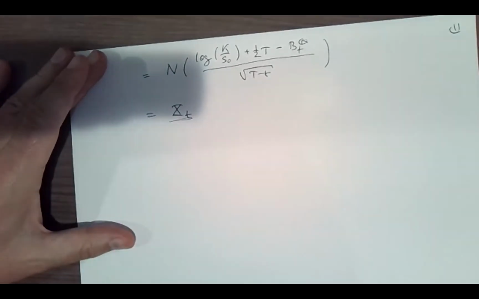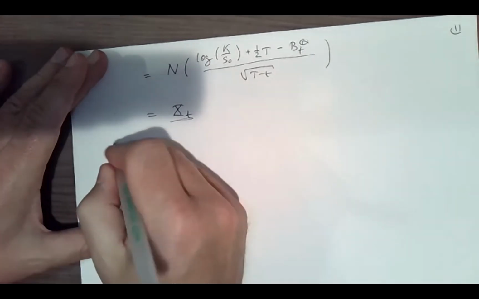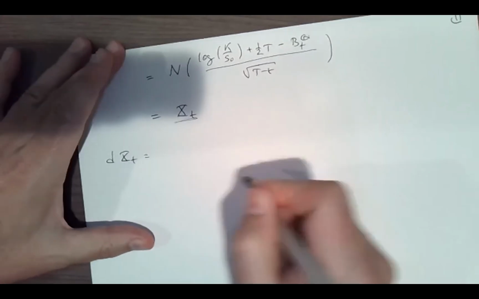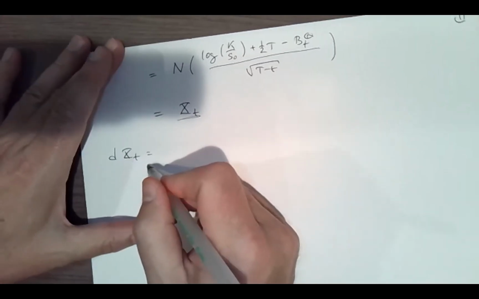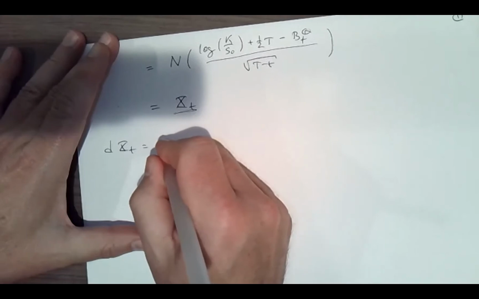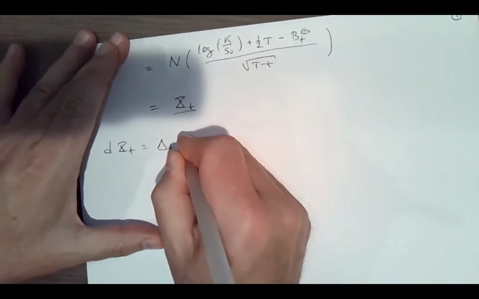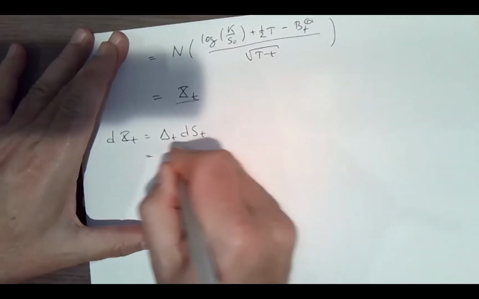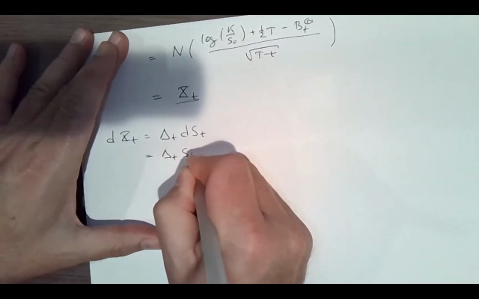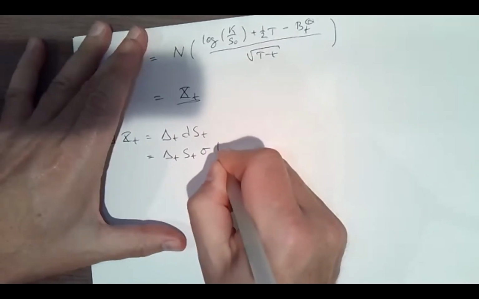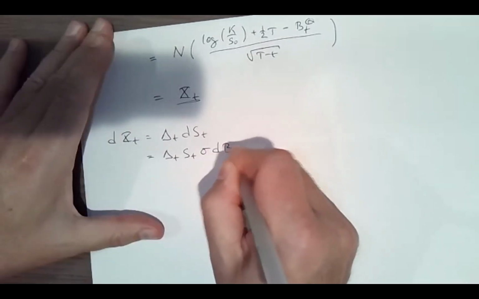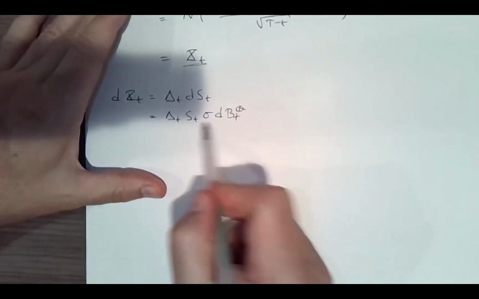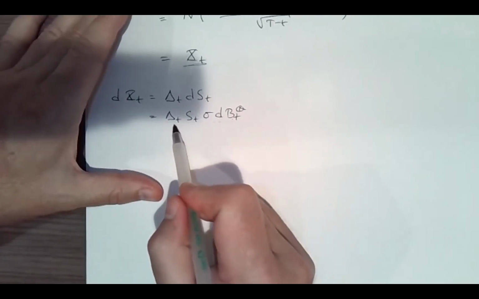So I know that dX_t is going to be, well, it's discounted because the interest rate is 0, delta_t dS_t. So this is going to be delta_t S_t sigma dB_t^Q, because the risk neutral dynamics of S were exactly like that. So what is delta?